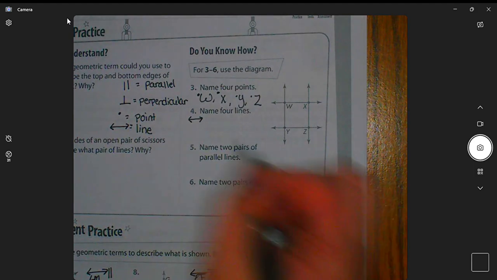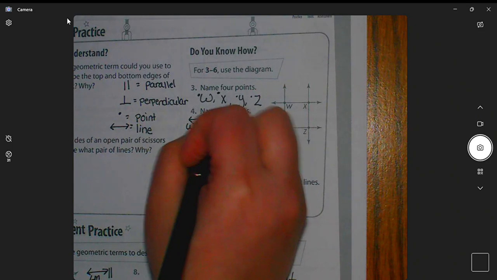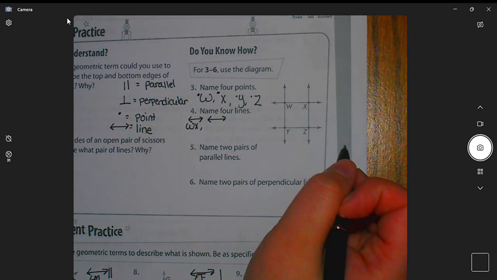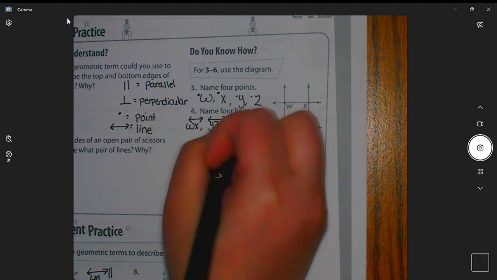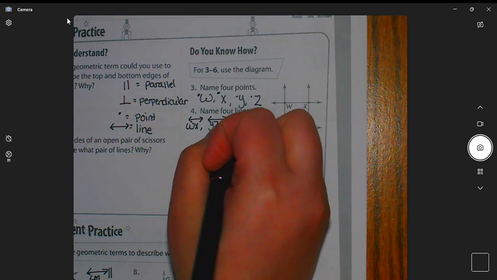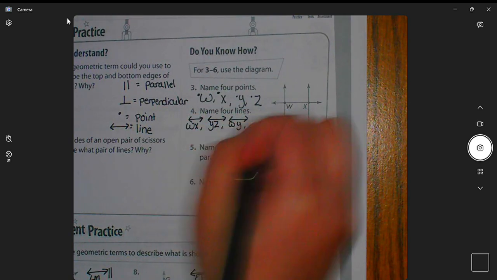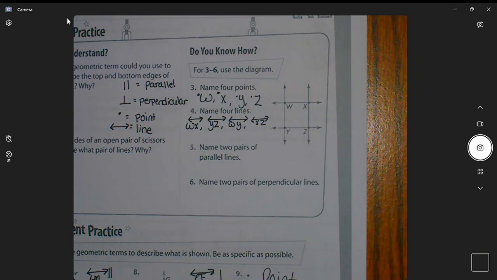Sure, we can do WX. Line. Okay, we can do YZ. Line. You're right, WY. And then the last one is XZ. So those are my lines.